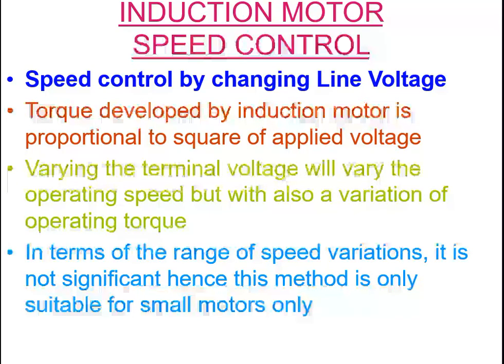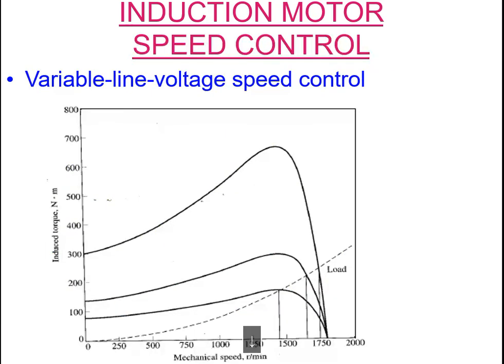In terms of the range of speed variation, it is not significant. Hence, this method is only suitable for small motors. This is the corresponding graph of the variable line voltage speed control method.